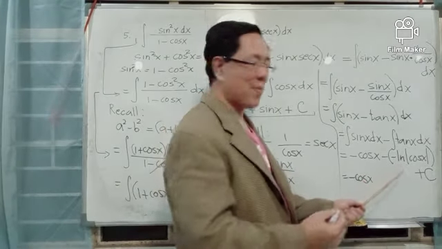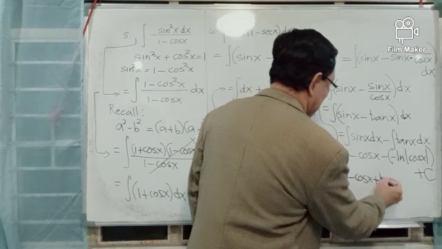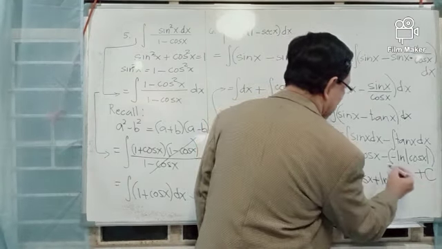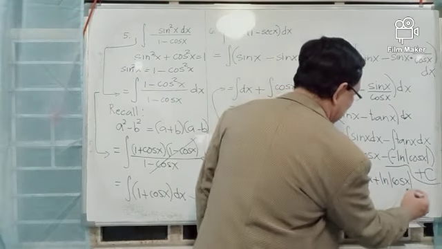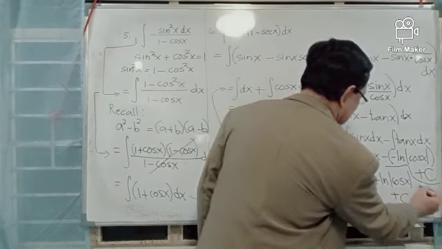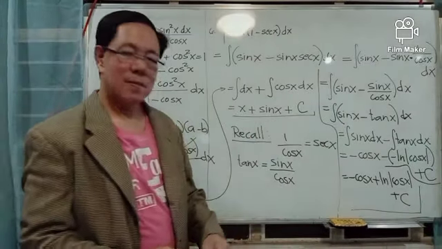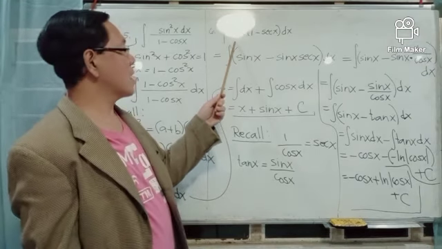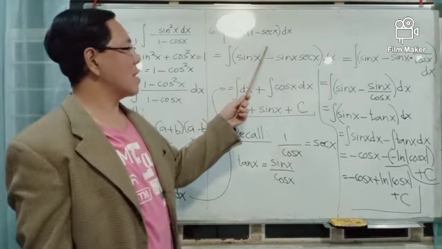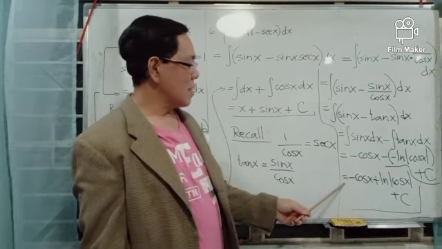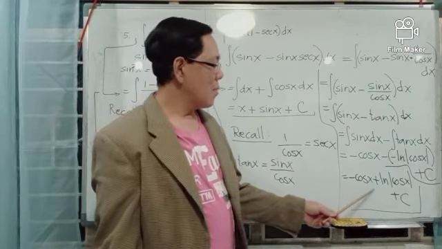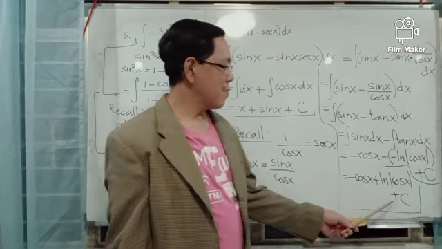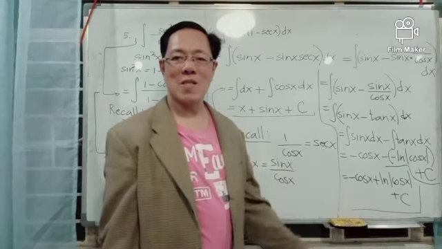Negative by negative is positive: positive ln of the absolute value of cosine x plus c. Thus, we have evaluated the integral of sine x times quantity 1 minus secant x with respect to x is equal to negative cosine x plus ln of the absolute value of cosine x plus c, the constant of integration.